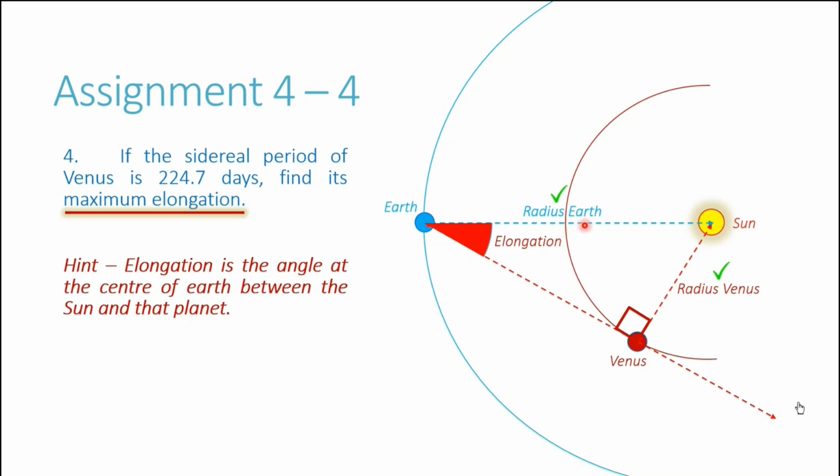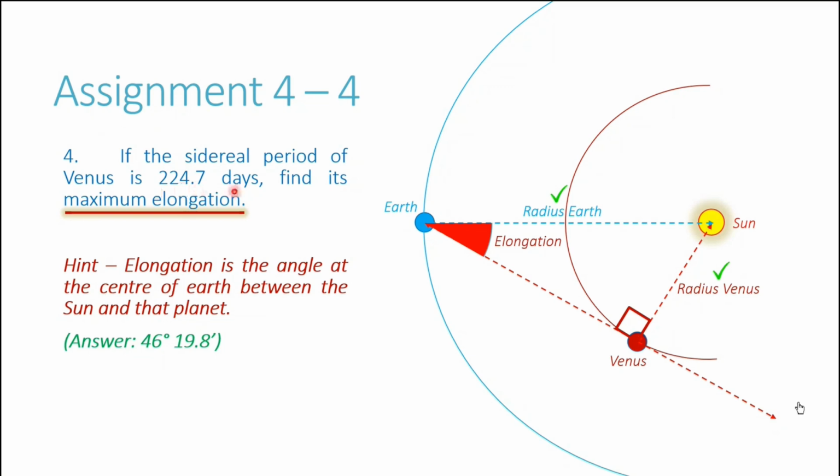Now radius of Earth is known to us, radius of Venus is not known, but we can easily calculate the radius of Venus using Kepler's third law of planetary motion, which tells us that T square by R cube is constant. We know the T square and R cube of the Earth, and we also have the sidereal period or the orbital period of Venus as 224.7 days.